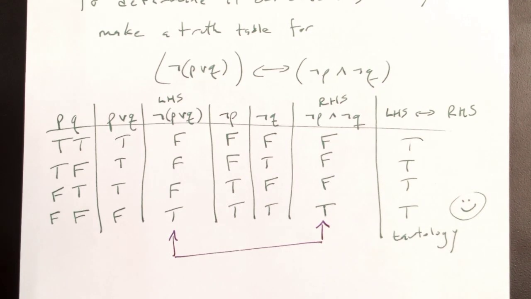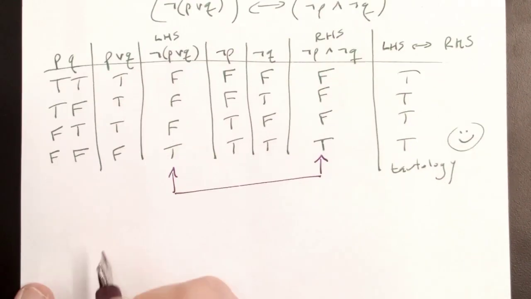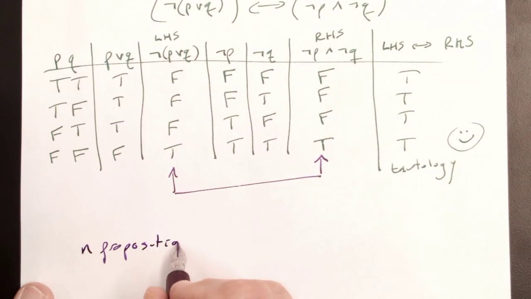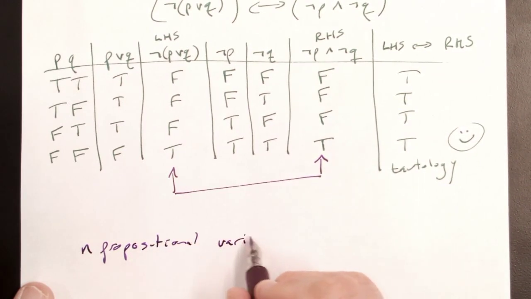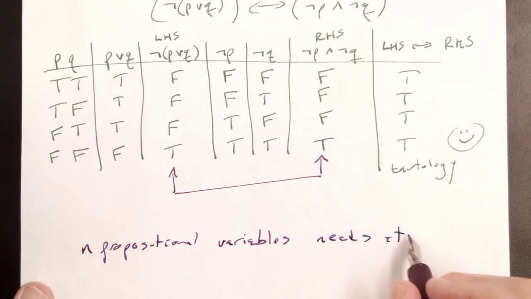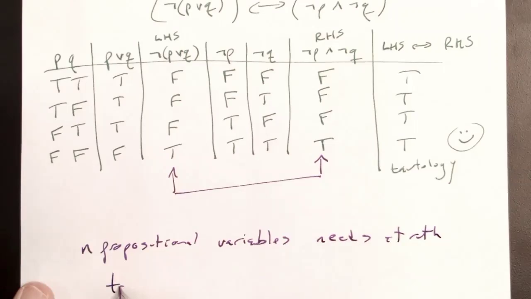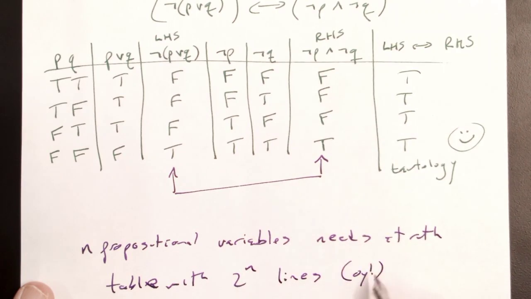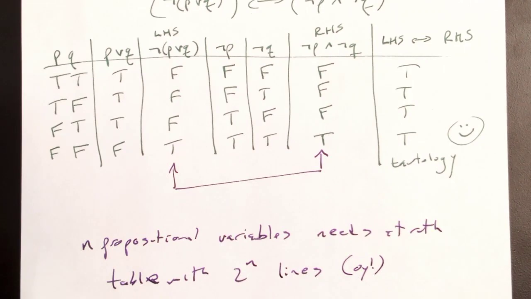So if I have n variables, I'm going to need 2 to the n lines. 5 variables and I'm at 32.